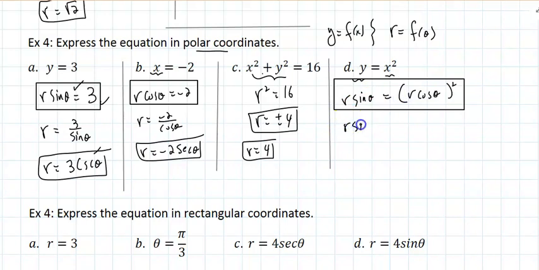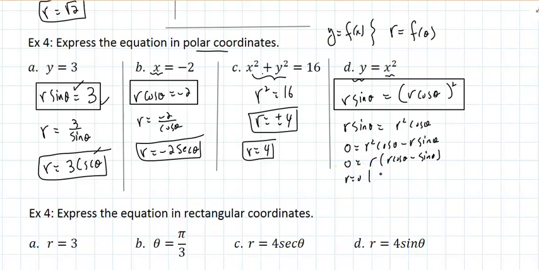They will say r sine theta equals r squared cosine theta. And what they do, they'll get 0 on one side. They'll factor an r out. r equals 0, or r times cosine of theta minus sine of theta equals 0.